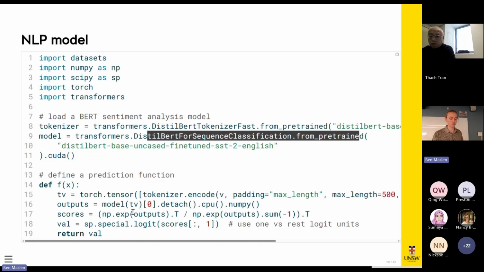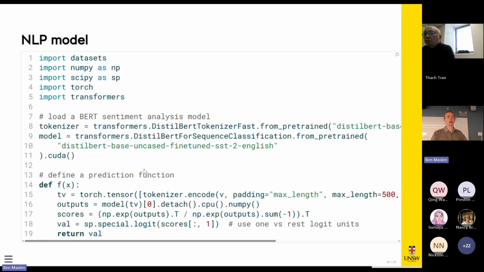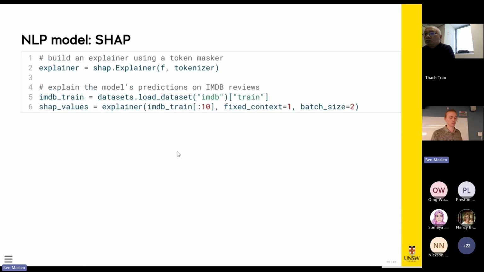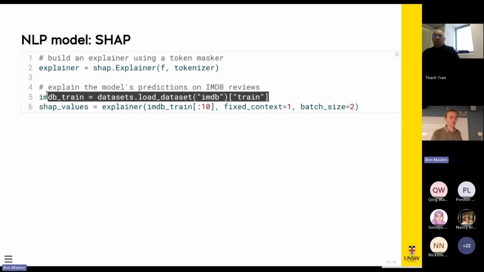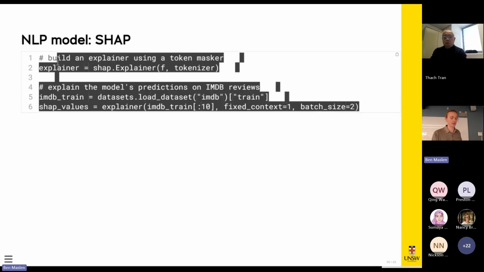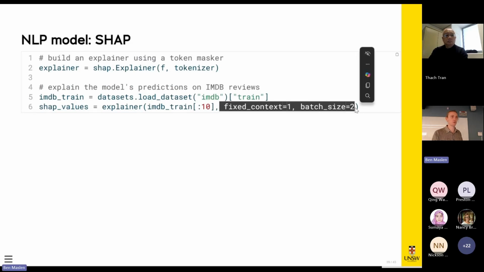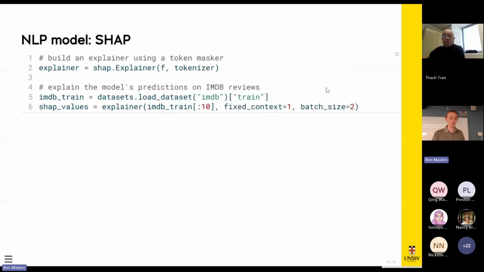All this weird code is just defining how we make these predictions based on feeding it text, paragraphs of data. We load our IMDb data set and we calculate our SHAP values with some added parameters that are required when you're doing it with natural language processor models.